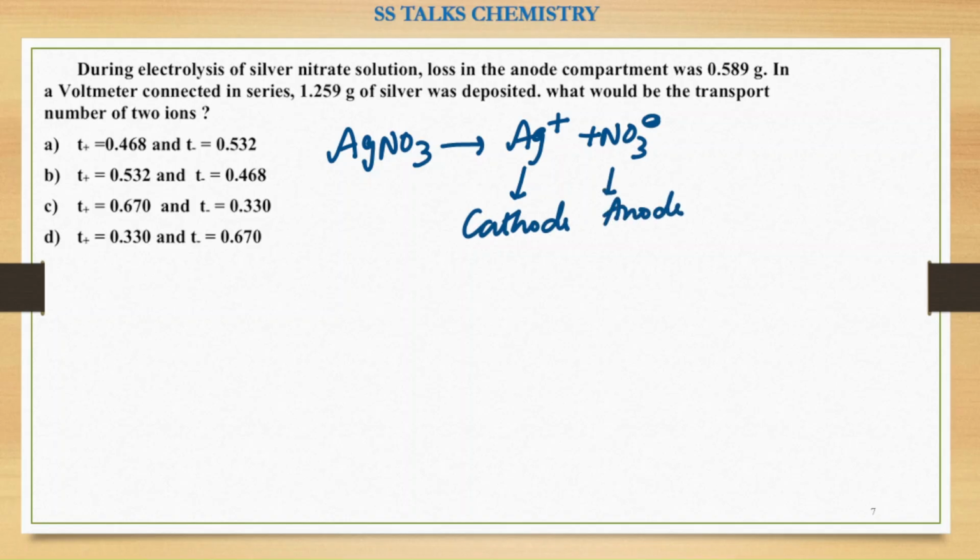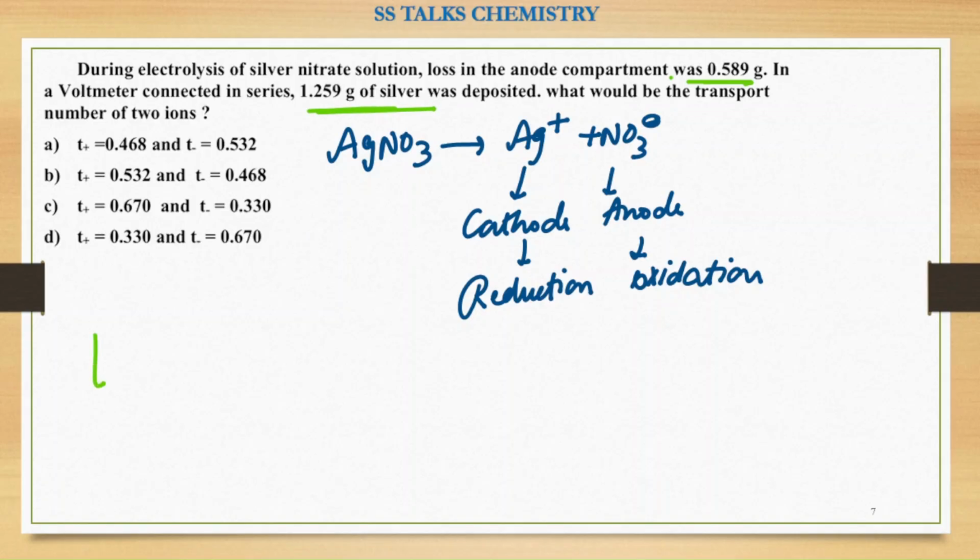At the cathode the reduction will be taking place, and at the anode the oxidation is going to take place. This is what is happening. Now we are given that at the anodic compartment this much amount of loss we have, and at the cathodic end this much amount of silver is getting deposited.